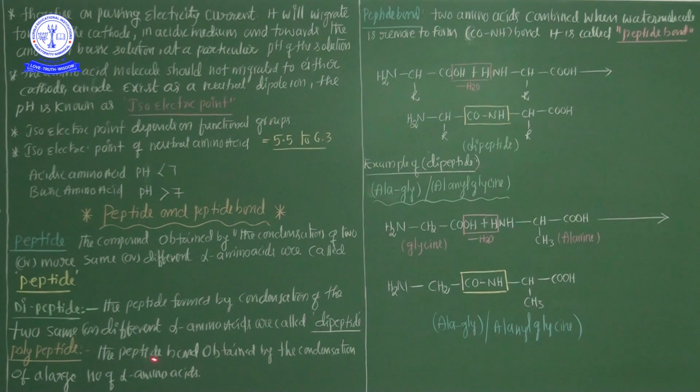The best example is proteins. Proteins are polypeptides; a number of peptide bonds are present in proteins.